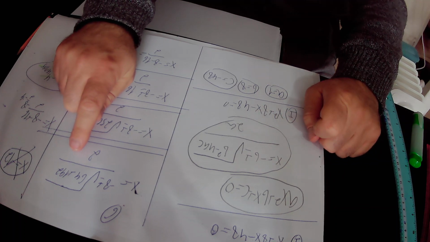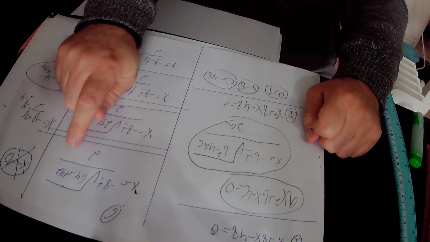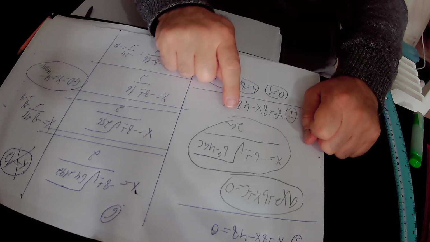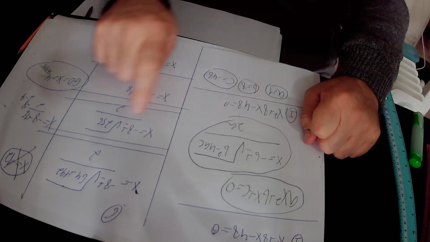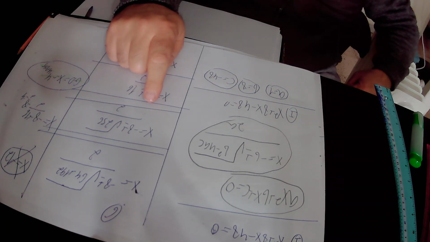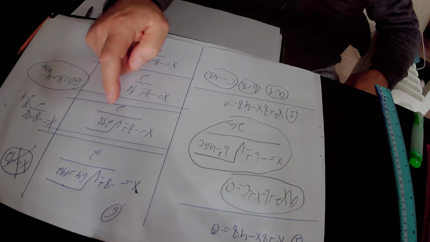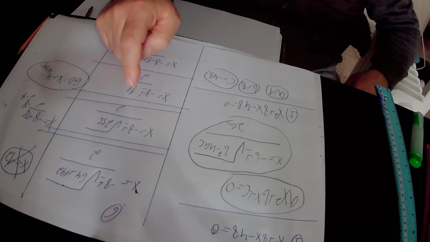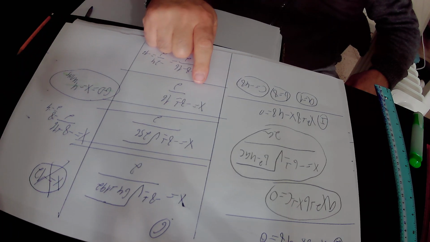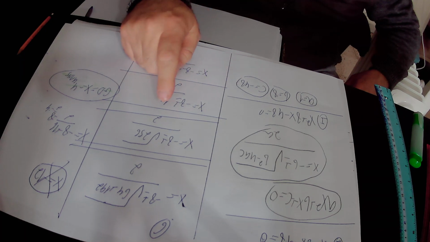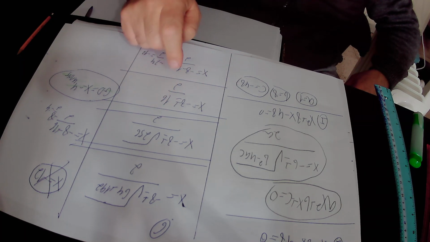So in total inside the root we have 64 plus 192, divided by 2a. a is 1, so 2a is 2 times 1, that is 2. 64 plus 192 is 256, so inside the root we are left with 256 divided by 2. So x equals minus 8 plus or minus the square root of 256, which is 16, over 2.